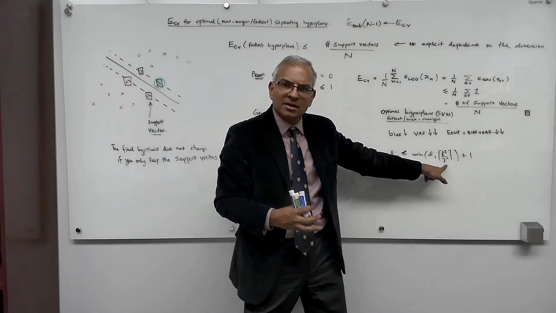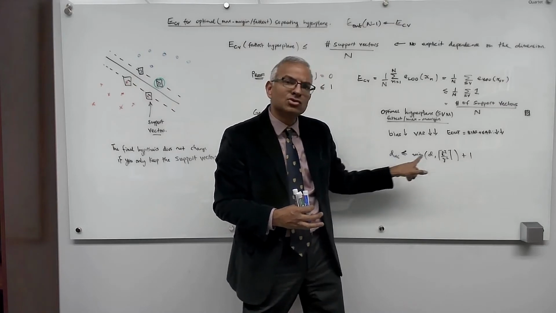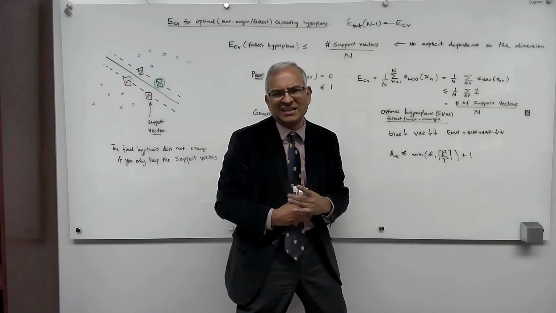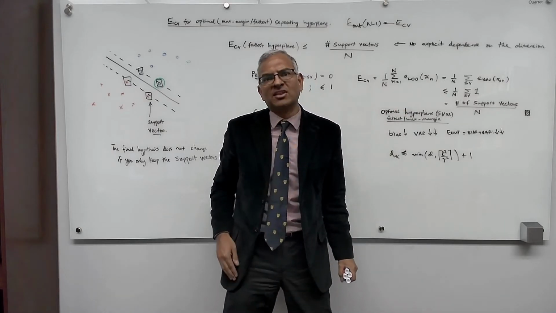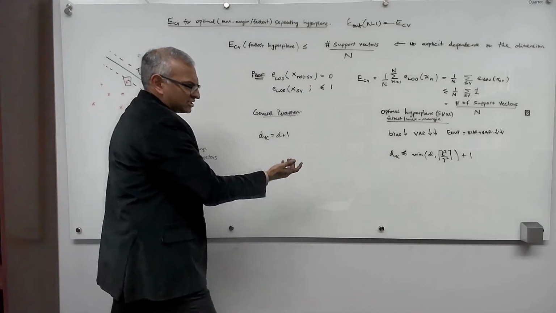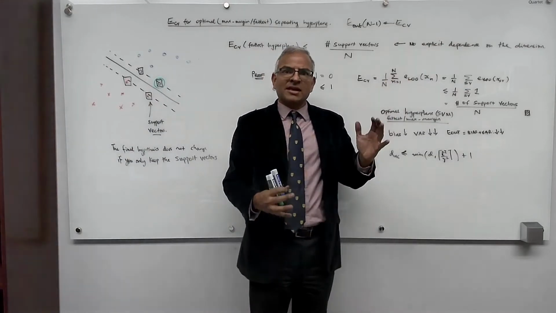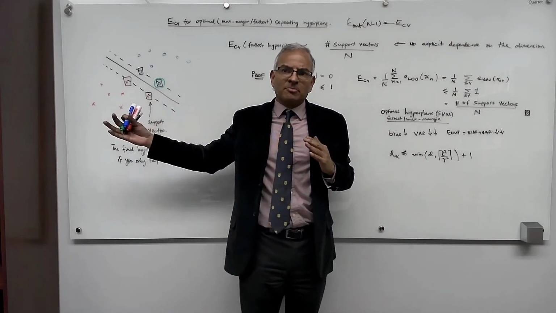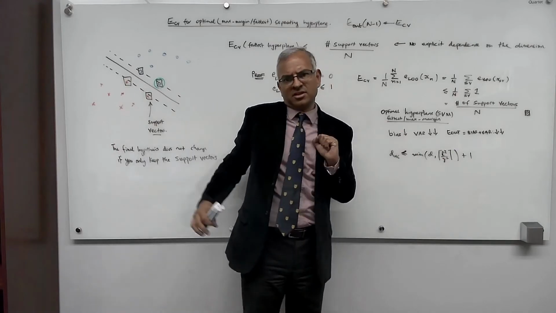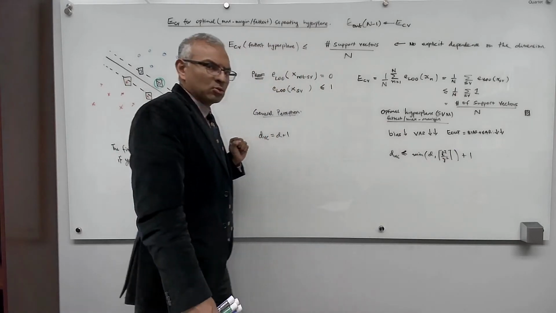And you can get a link from E in to E out that doesn't depend on the dimension. It just depends on how bounded is the data and how thick is the separator that you're using. And so again, it suggests that we might be able to go to high dimensions and control the out of sample error, providing that the in sample error is small and the data is tightly bounded.